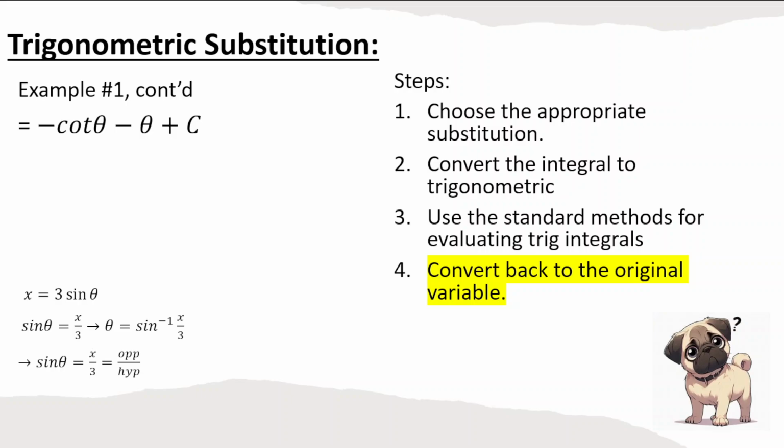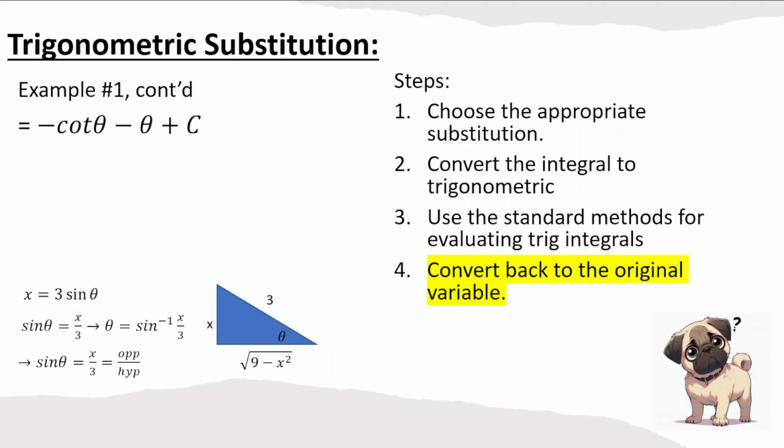So that means that if we were to construct a right triangle with the angle theta as shown, the opposite side would be x, and we can draw the hypotenuse as having a length of 3. Then using the Pythagorean theorem, the missing side, the adjacent side, would be the square root of 9 minus x squared.